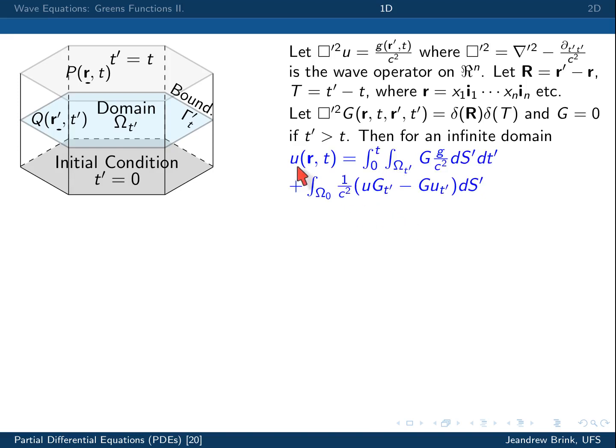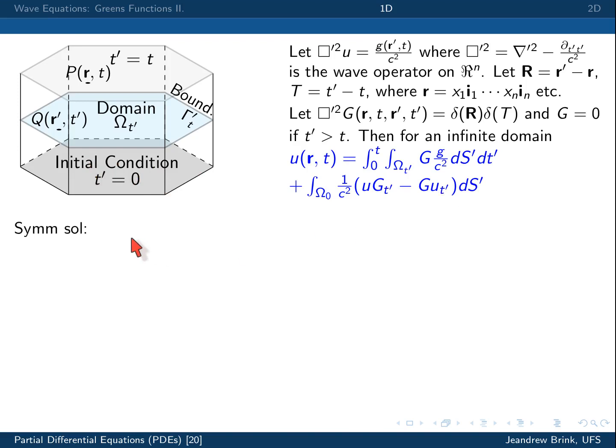We have that our function u of r and t can then be constructed by this integral over the source term g multiplied by the Green's function, plus the initial condition specified at time t prime equals 0, times g derivative with respect to t prime minus g times ut, which is the initial velocity or initial momentum given to the solution on this initial condition.